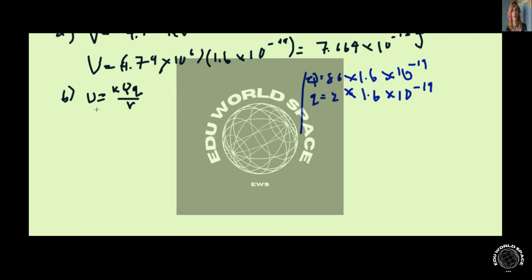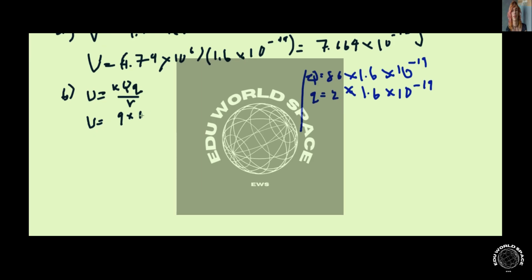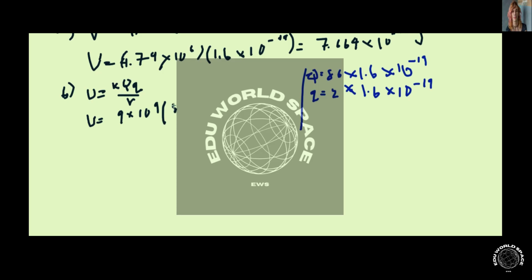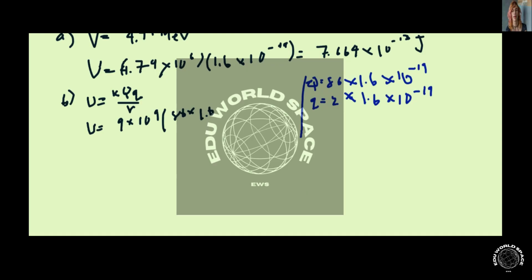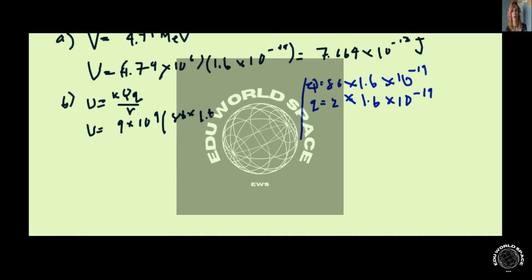Now if you plug all of this back into the main equation and compute it, Coulomb's constant is 9 and the first charge is 86 times 1.6 times 10 to the negative 19.